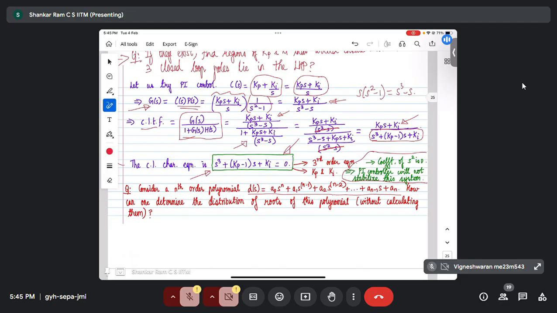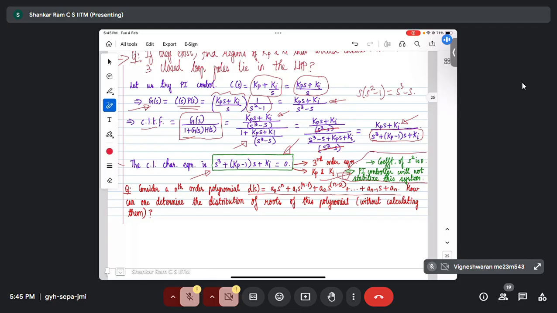The necessary condition is not satisfied, so the polynomial is not Hurwitz. If this closed loop characteristic polynomial is not Hurwitz, then there's no way this closed loop system is going to be stable for any value of Kp and Ki. That is why we can immediately write that the PI controller will not stabilize this particular closed loop system. I hope this conclusion is clear.